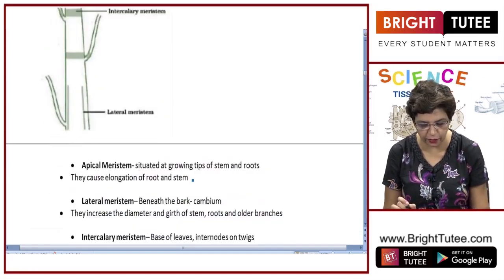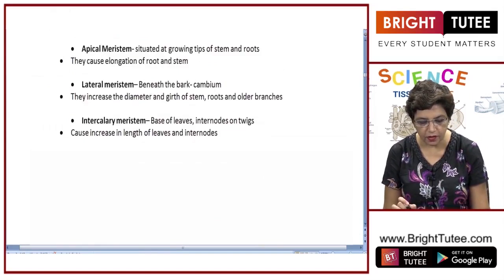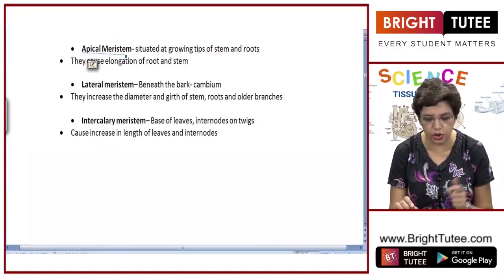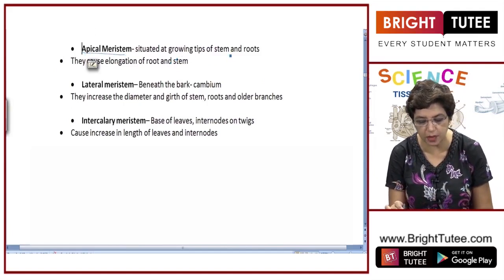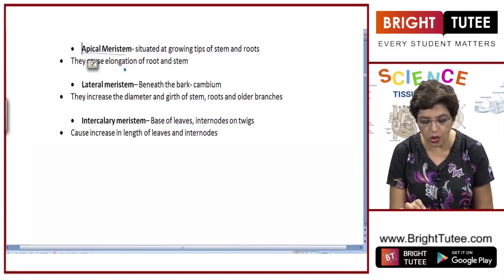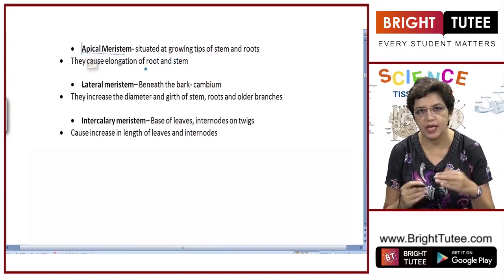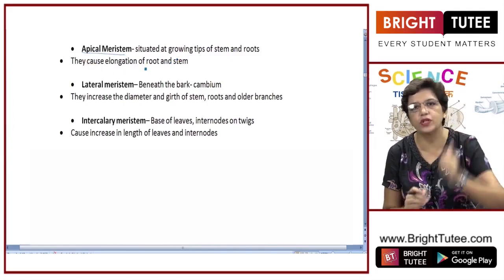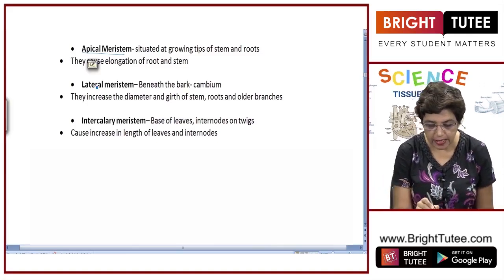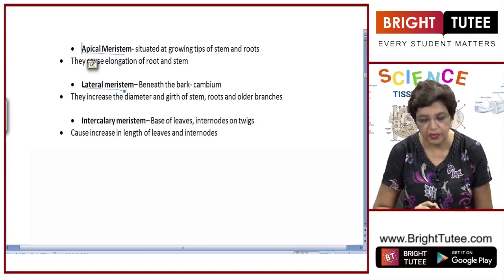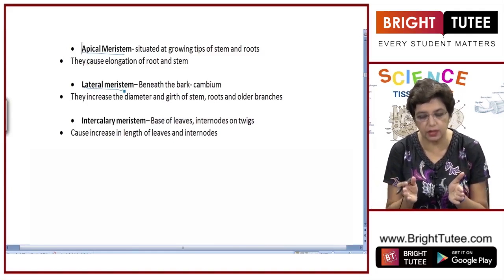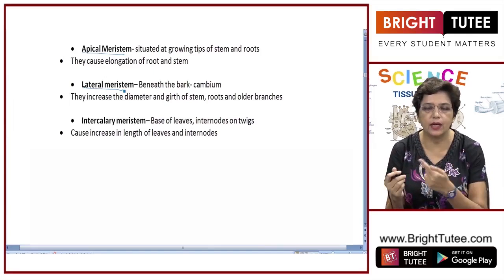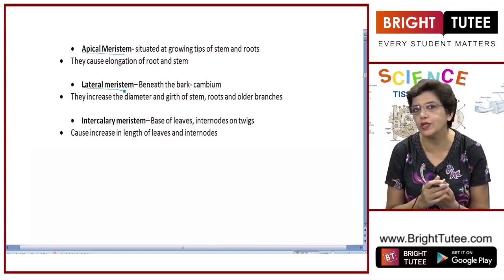So let's understand their function. First is apical meristem. As you just saw, it is situated at the growing tips of stem and roots, and it causes elongation of root and stem. As these cells divide, the height of the plant increases. Second is the lateral meristem. It is present just beneath the bark, which is called cambium, and it is present in the diameter or girth of the stem.